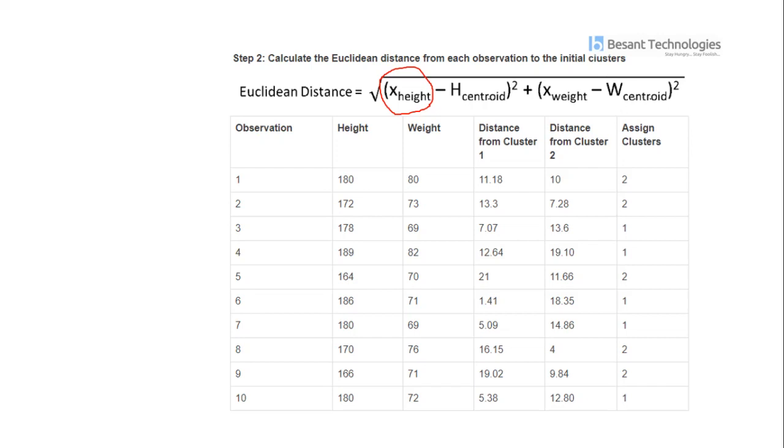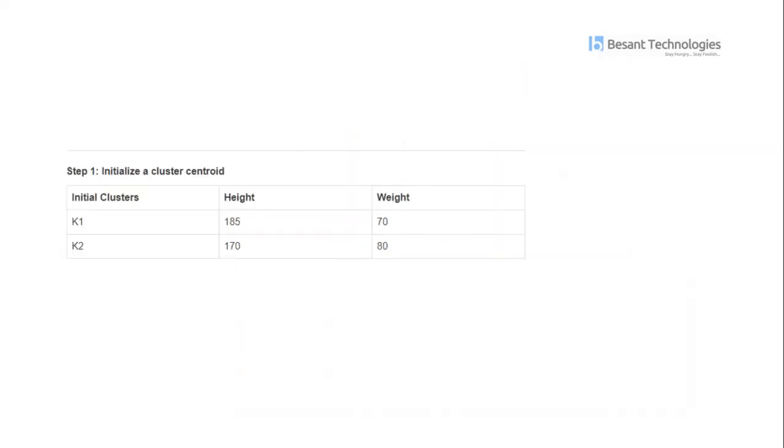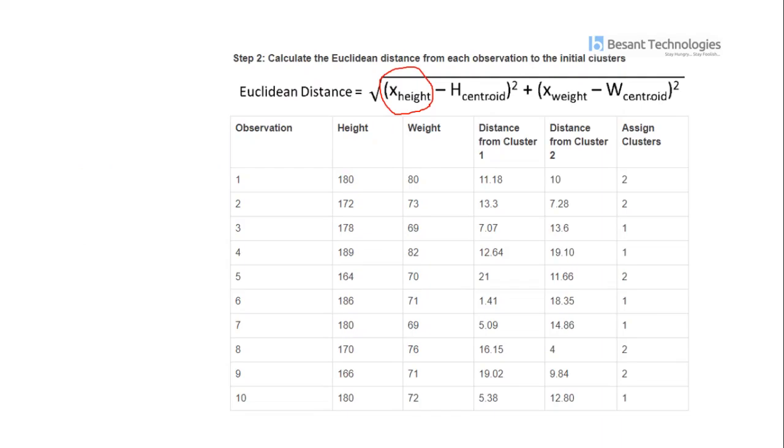Now let's see how it works. Our k1 value is 185 comma 70, and our k2 value is 170 comma 80. So this is our k1 and k2 value.